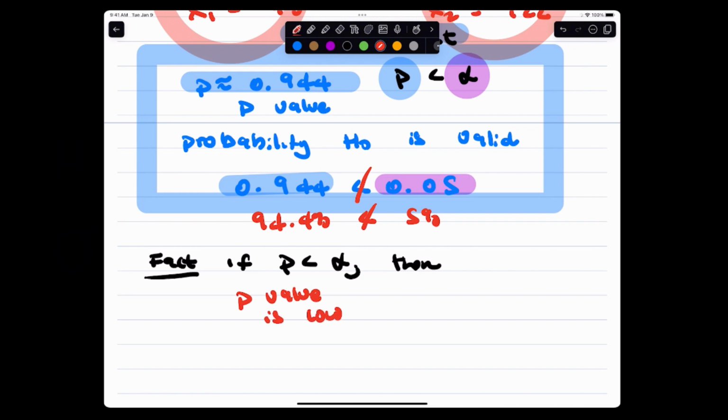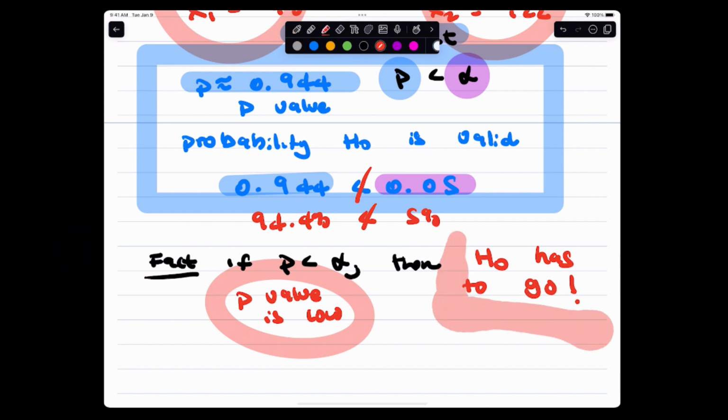If your p-value is low, what do we say? We said it last time. Anybody remember? Then the null has to go. If the p-value is low, then the null has to go.